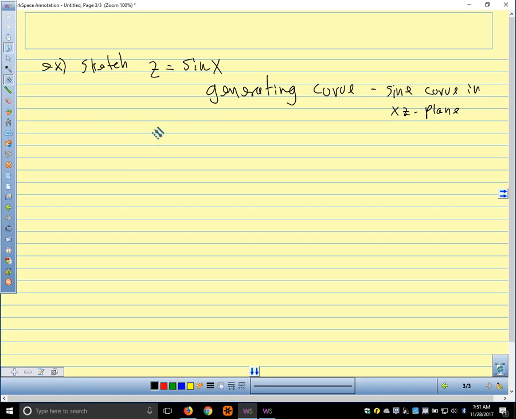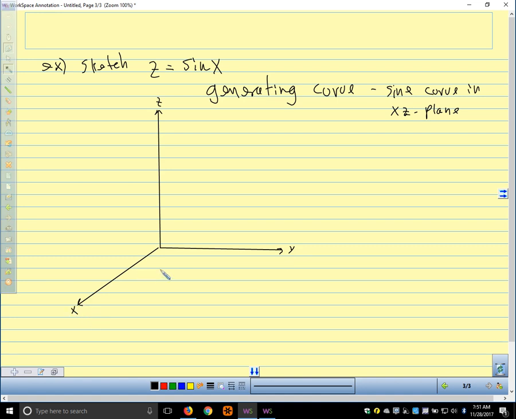So let's, there are my axes. And there's always at least one student that is extremely talented at drawing surfaces and can shade them and they look beautiful and perfect. My curves never look like that.